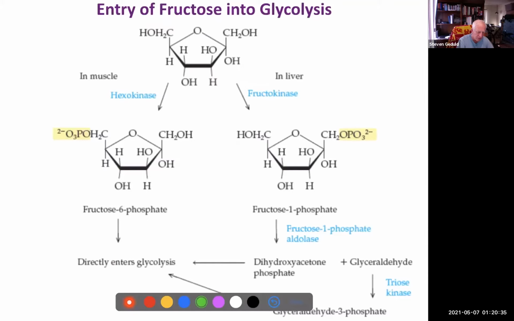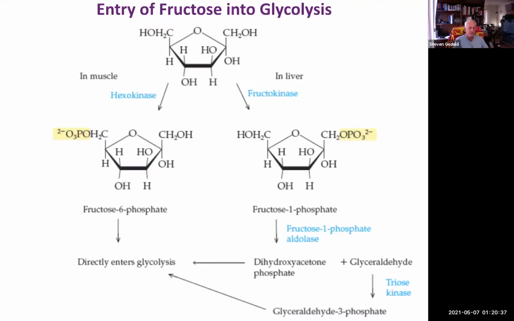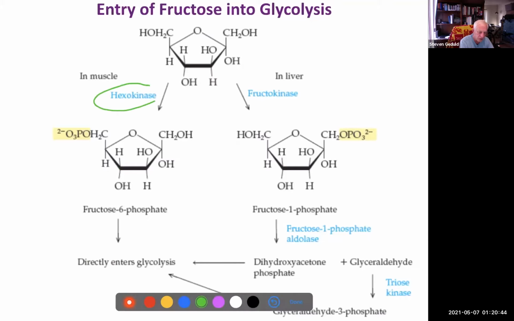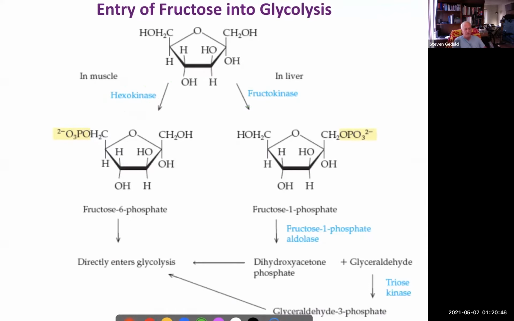So then there's your fructose. Okay, fructose. In the muscle, we use hexokinase. In the liver, we use fructokinase. In the muscle, you form fructose 6-phosphate, and that goes into glycolysis directly. In the liver, we use fructokinase to form fructose 1-phosphate.